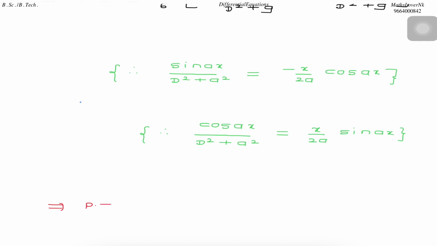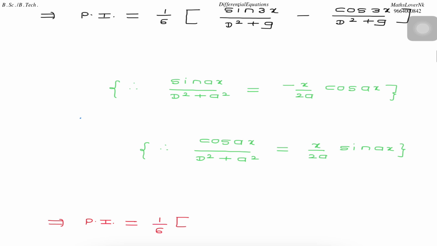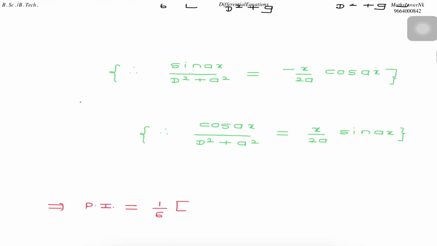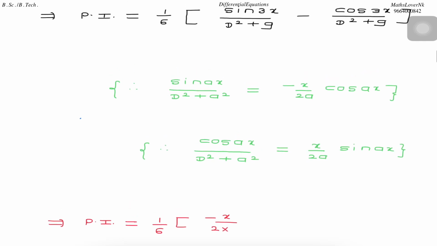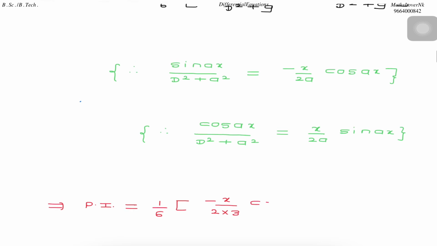PI is equal to 1 upon 6, taken out as common, then sin ax upon d square plus a square becomes minus x upon 2 into the value of a, which is here 3, so 2 into 3, cos 3x, plus x upon 2 into 3 sin 3x.